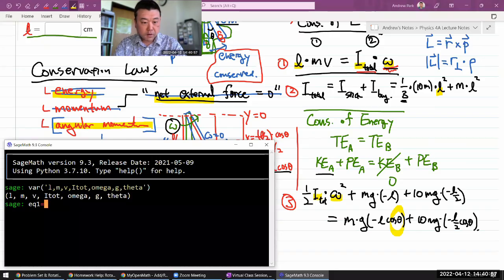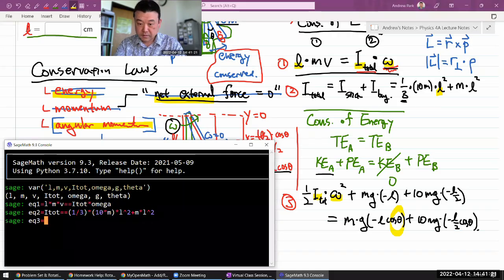I have my equation 1, L times M times V is equal to I total times omega. I have my equation 2 that will be I total is equal to 1/3 times 10m times L squared plus M times L squared.